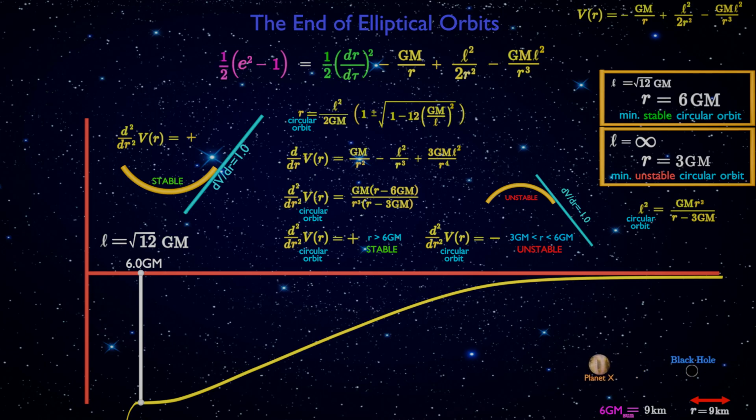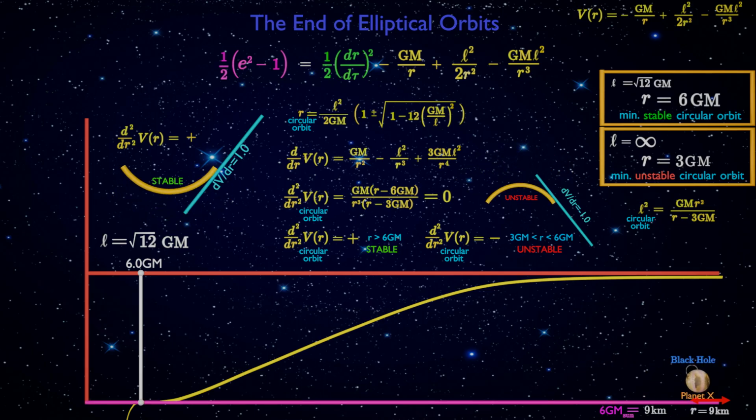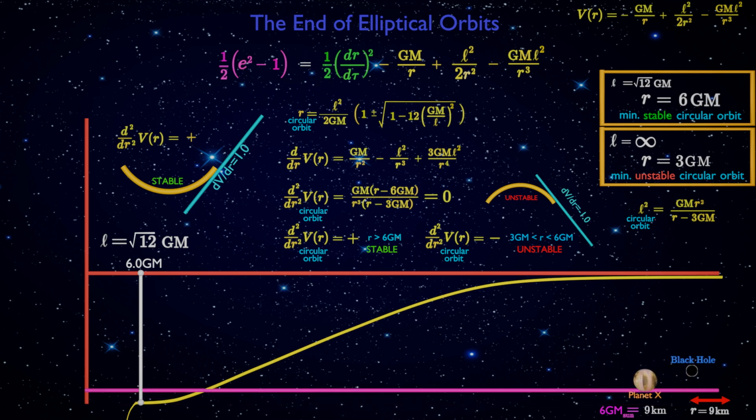The case of r equals 6 GM, as pictured in the graph, has a second derivative of 0, meaning that the graph is neither concave up nor concave down. Any slight nudge inward will result in planet X falling towards the center of the black hole, and any slight nudge outward will cause a brief increase in radius, followed again by a fall towards the center of the black hole.